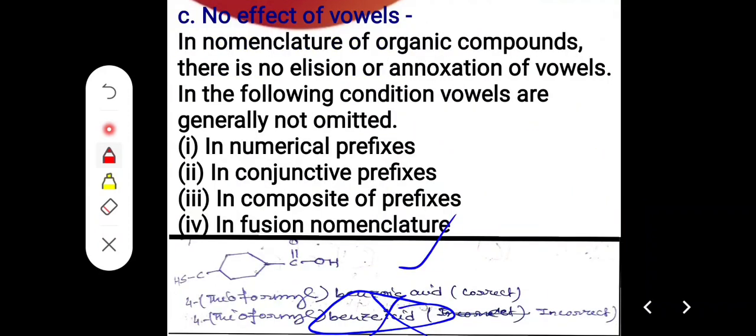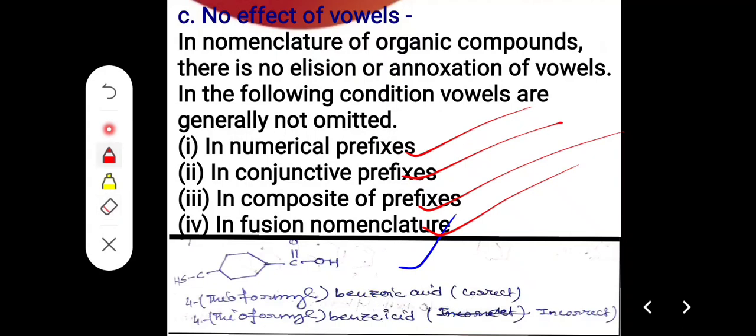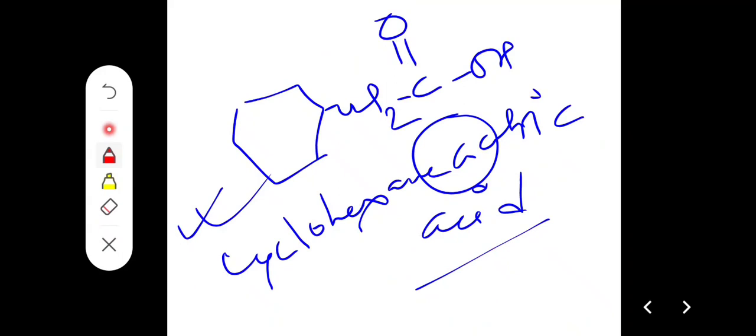No effect on vowels can occur in numerical prefixes, conjunctive prefixes, composite prefixes, and fusion prefixes. This is an example: benzoic acid is the correct statement, but when EI is there, this is incorrect. This is also an example, where EA are placed in cyclohexane acetic acid. The two A's are not omitted or affected.